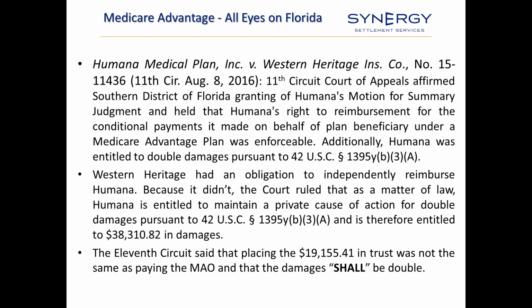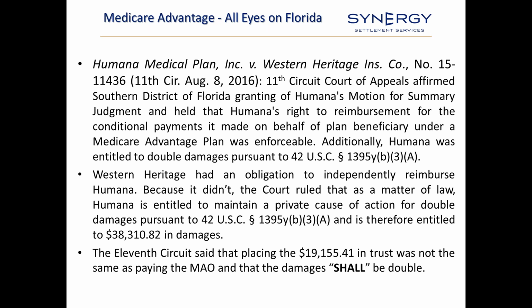They actually had put the Part C plan on the settlement check, and the plaintiffs fought that and won, and Western Heritage tried to go through the trial court to make sure that the reimbursement was going to be made. That was unsuccessful, and basically the case wound up going through the Federal District Court and ultimately to the 11th Circuit Court of Appeals.